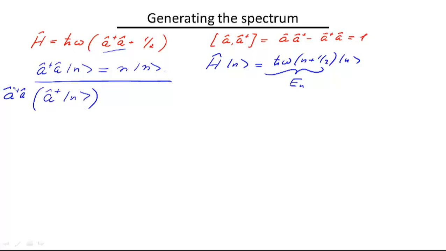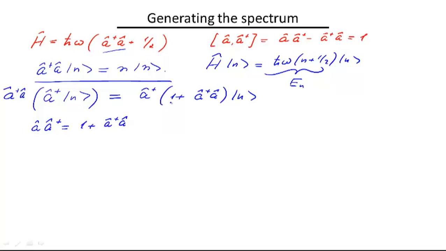What we can do here is take advantage of the canonical commutation relations that we derived on the previous slide. Using these commutation relations, we can write a dagger a as 1 plus a dagger a, so basically exchanging the order of these two operators. So instead of a dagger a dagger a, we're going to have a dagger (1 plus a dagger a) acting on |n>.